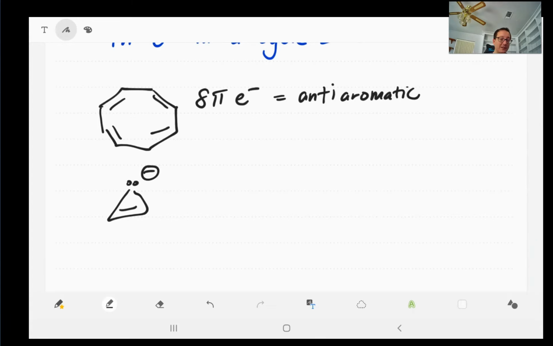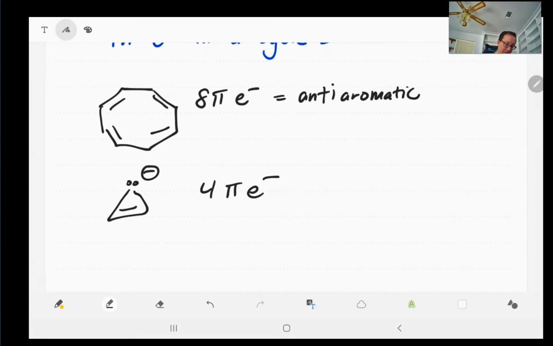So something like this, remember that with resonance you could have lone pairs that resonate and participate in aromaticity. Not only is this a terrible molecule to begin with, but it's even more unstable than you'd think, because that now has 4 pi electrons.